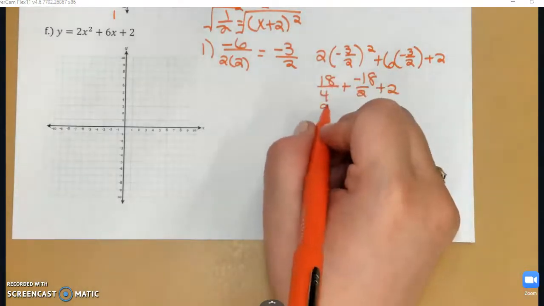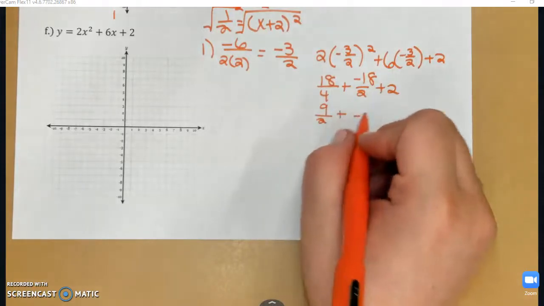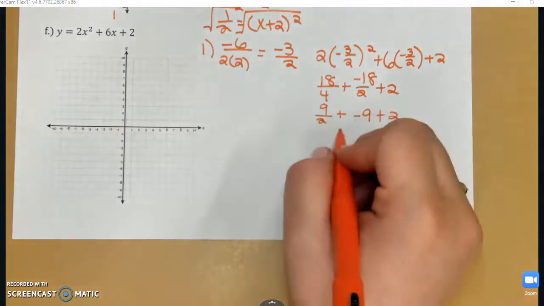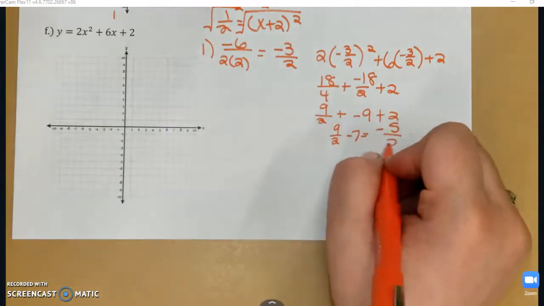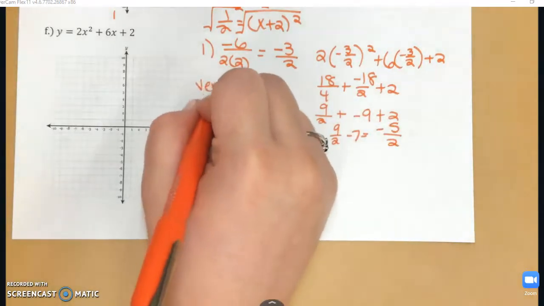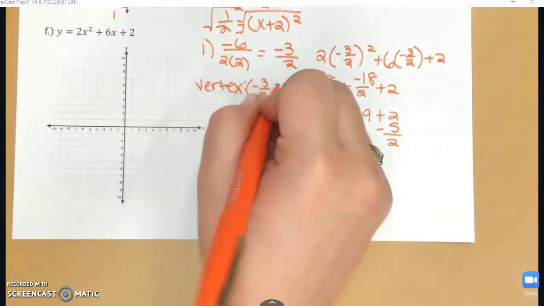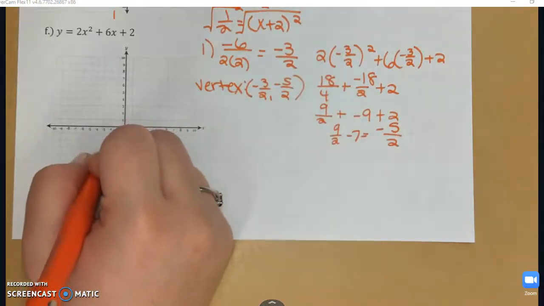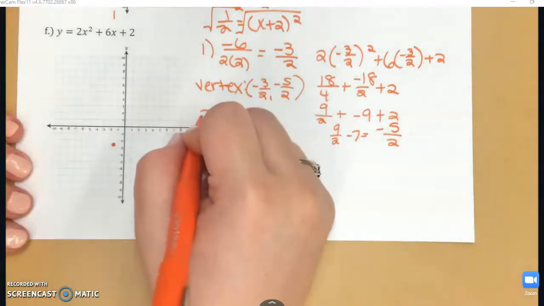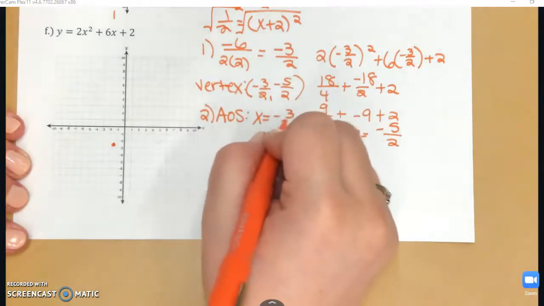Simplifying, I get 9 over 2 plus, that's -9 plus 2. So 9 over 2 minus 7, that's going to give me -5 over 2. So my vertex is at -3 over 2, -5 over 2. So -1.5, -2.5.